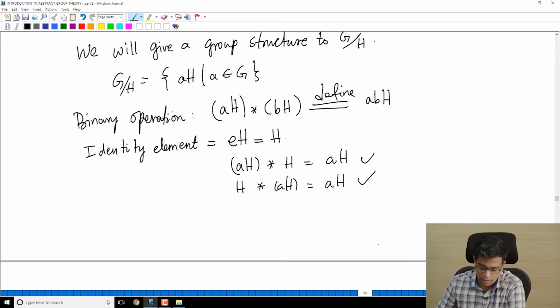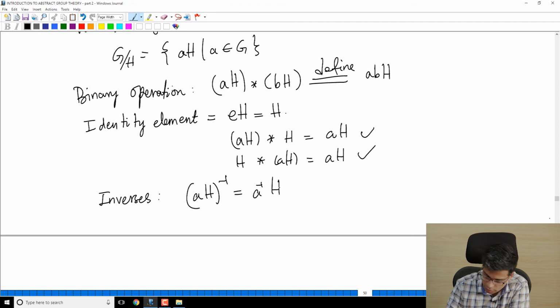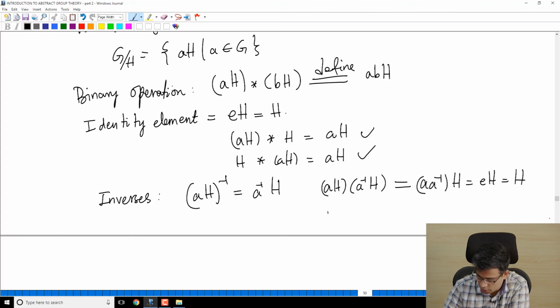So this is an identity element. What is the inverse of aH? Clearly it must be a inverse H, because aH times a inverse H is by definition a a inverse H, which is eH, which is H. Similarly, a inverse H times aH is a inverse aH, which is eH, which is H.